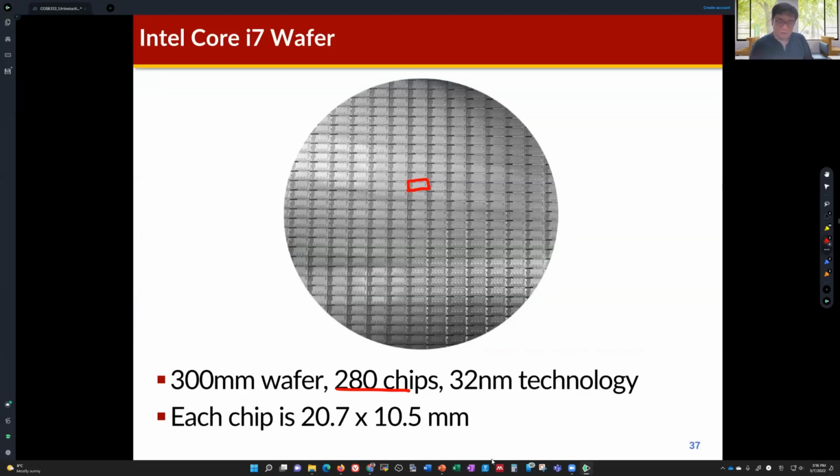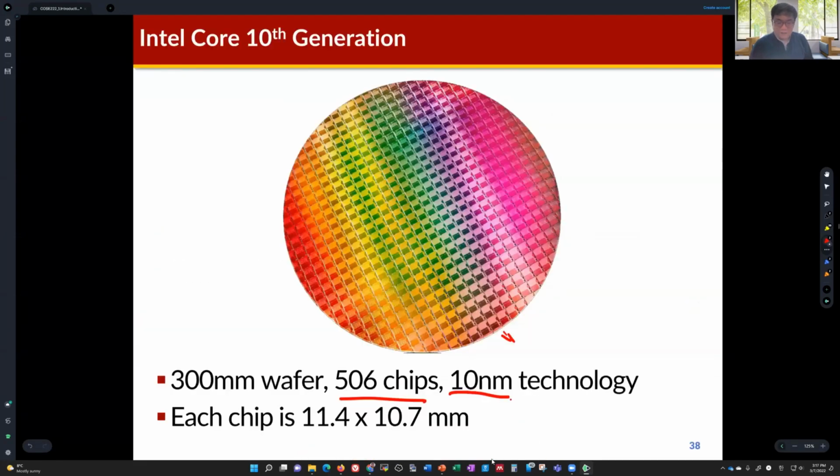Why? Because the technology nodes are different. So better transistors, or better advanced semiconductor technology, lead to the development of higher performance processors. That's why silicon technology is very critical for the CPU or processor industry.